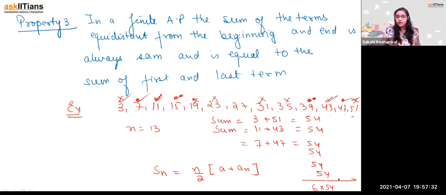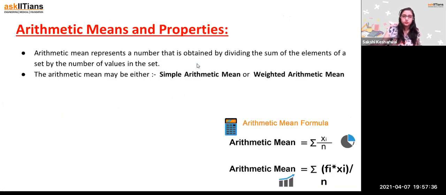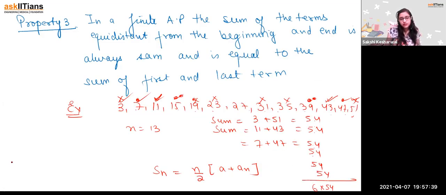Can I write this as 6 by 6 into 54? Can I write this as 12 by 2 into 27? Yes or no? I just multiplied and divided by 2.